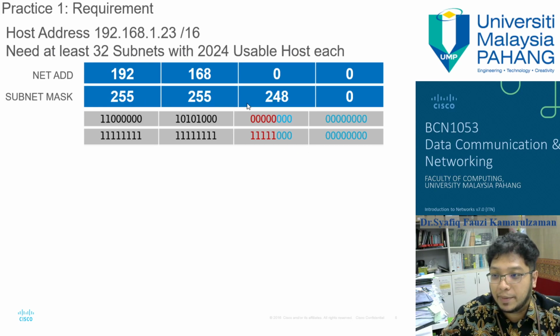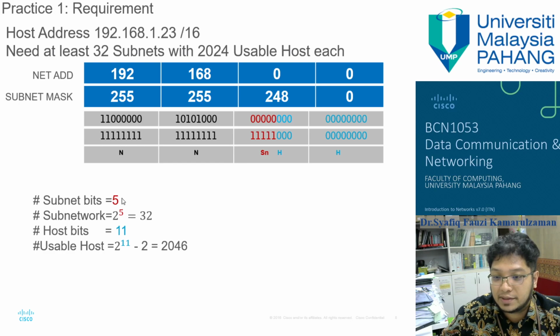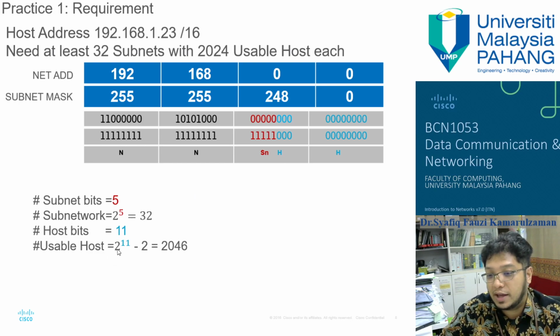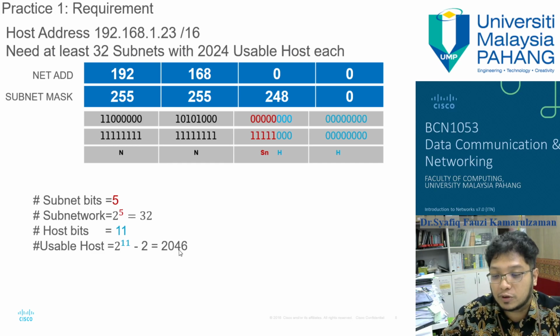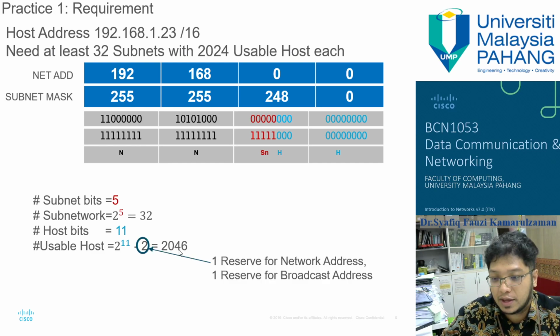So right now, your new subnet mask can be categorized as 255.255.248.0. So this is your subnet network portion. Basically, the number of subnet bits is 5 bits. The number of subnetworks that you have is 2 to the power of 5, which is equal to 32. And the number of host bits that you have is equal to 11. The number of usable hosts that you have is 2 to the power of 11, subtract 2, equal to 2046.